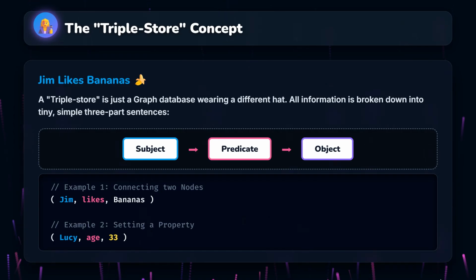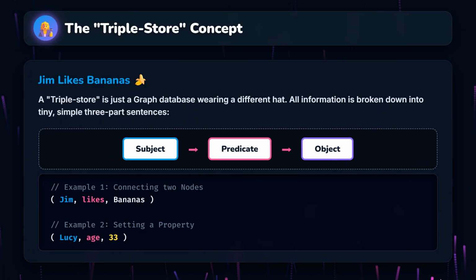It uses different words, but does the exact same thing. In a triple store, absolutely all the information in the database is broken down into tiny, three-part sentences. Look at the diagram on the screen. The sentence consists of a subject, a predicate, and an object.